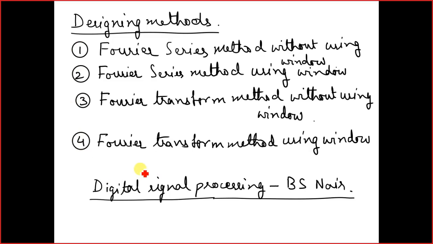Most of the designing methods we will discuss will be from Digital Signal Processing by B.S. Nair. This book gives you a step-by-step approach to designing different filters, and our discussions will be restricted to this book.